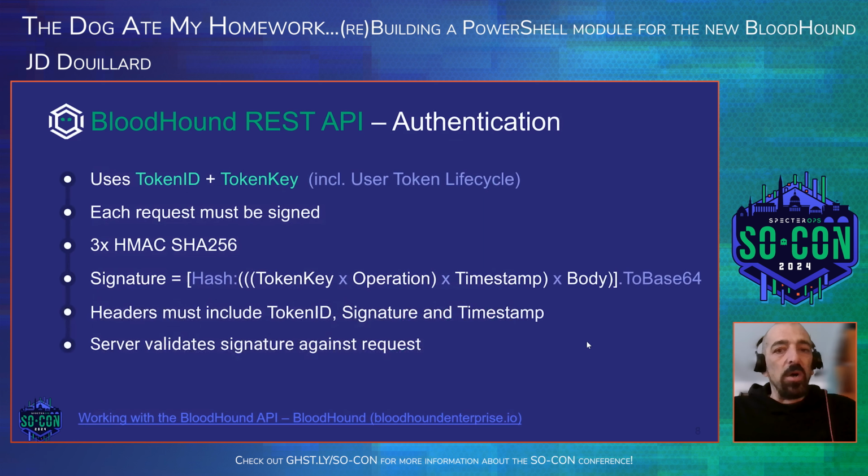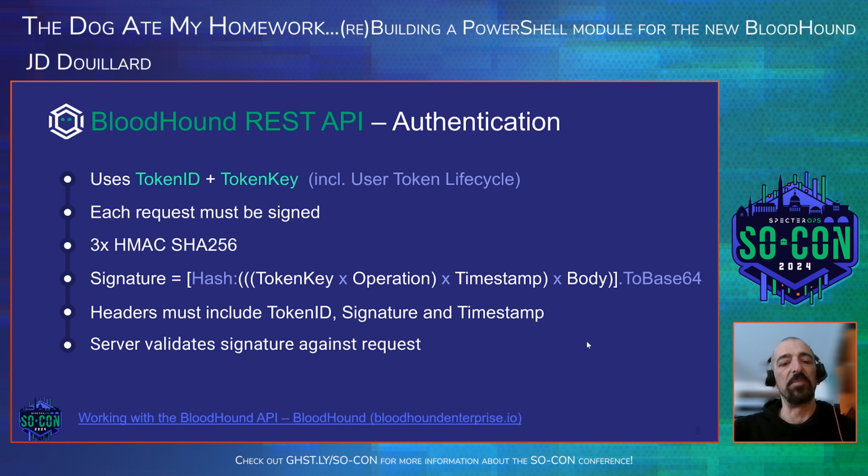When it comes to authentication to the REST API, it used to be basic auth in the old BloodHound. Here we use an HMAC signature for every request. I'll show you how that looks in code in a second, but basically when you want to talk to the API, you create a token in the application that's composed of a token ID and a token key.